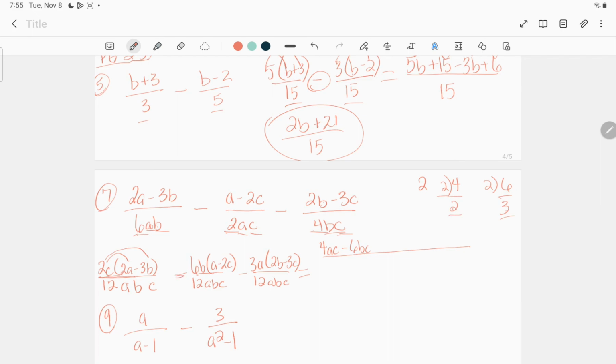Negative 6B times A is negative 6AB. Negative 6 times negative 2C gives me positive 12BC. And then negative 3A times 2B is negative 6AB. Negative 3A times negative 3C is positive 9AC.